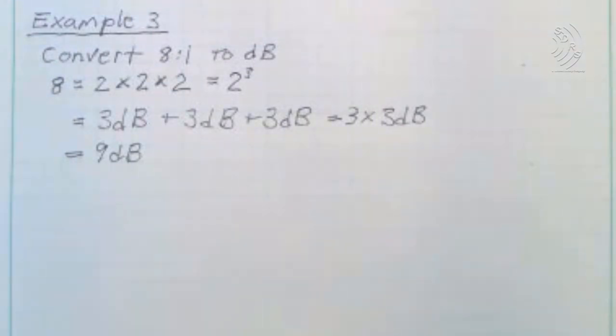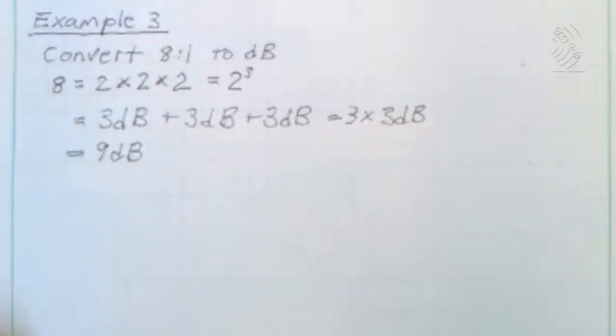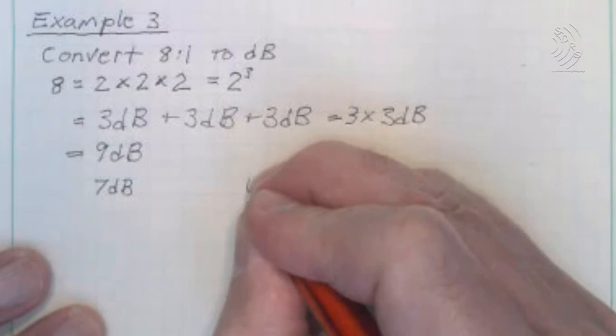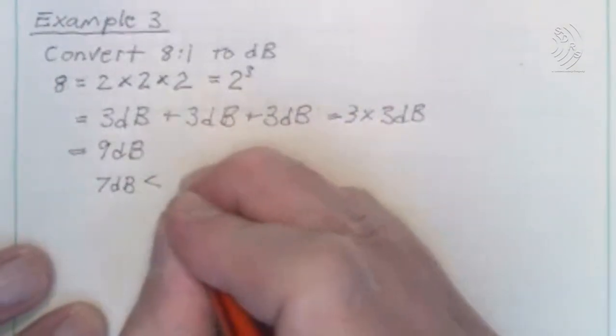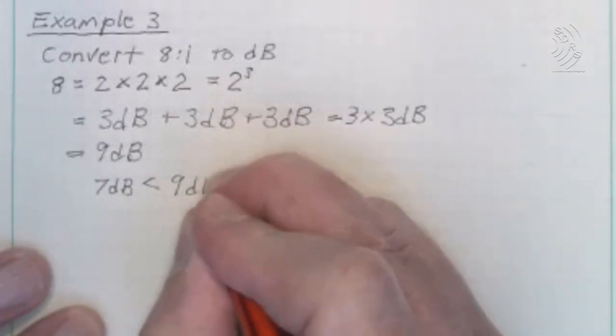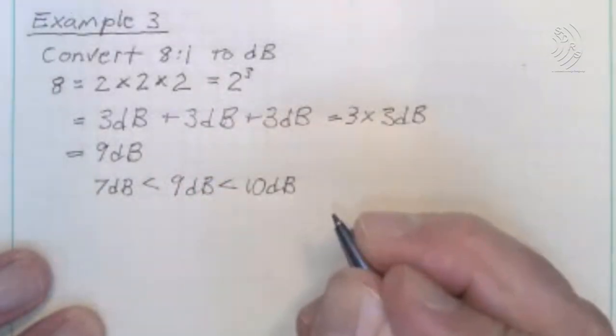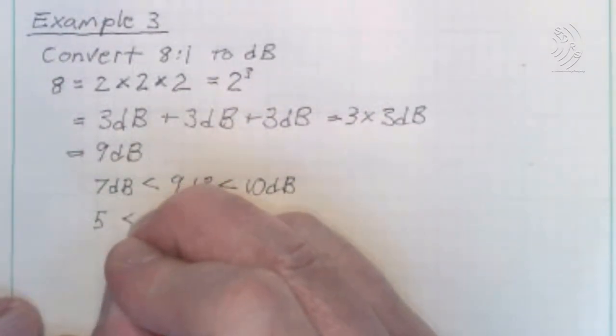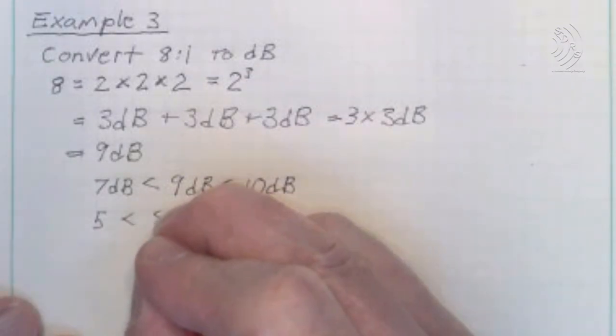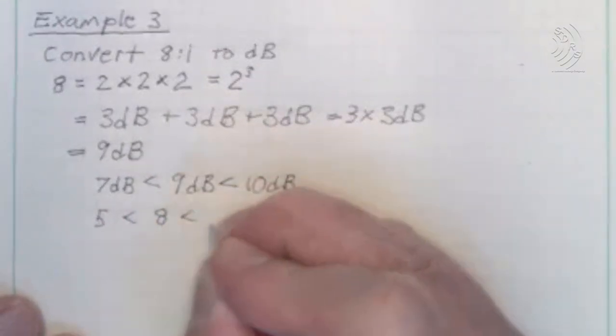And as we would expect, we see that this number is between our previous ratios of 5 to 1 and 10 dB. And of course this makes sense because 5 is less than 8, but 8 is less than 10.